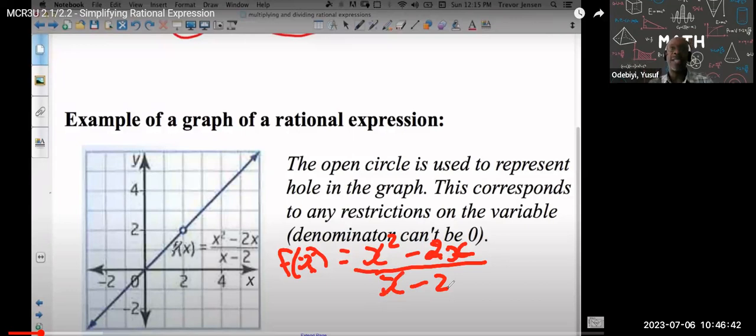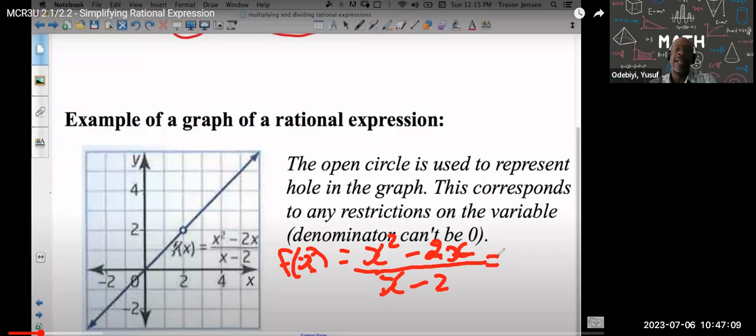Restrictions are what x cannot be. In this case, x can be anything, but it can't be 2, because if x is 2, then 2 minus 2 gives you a 0 in the denominator. You can never, ever have a 0 in the denominator. So therefore, x cannot equal 2.